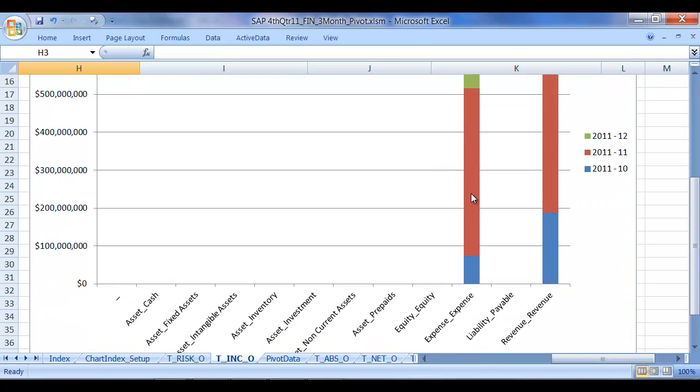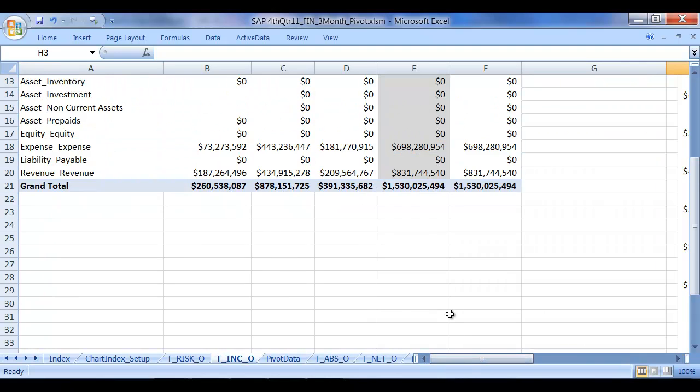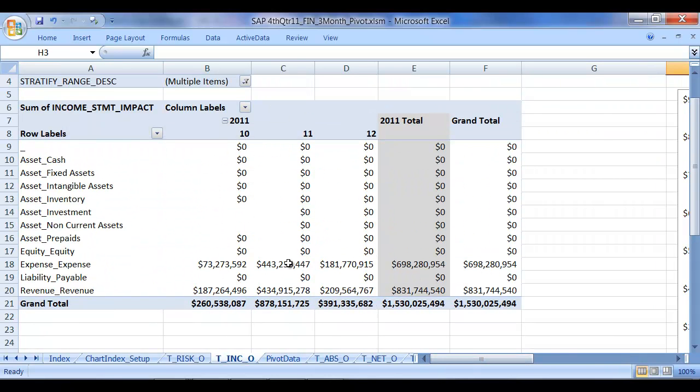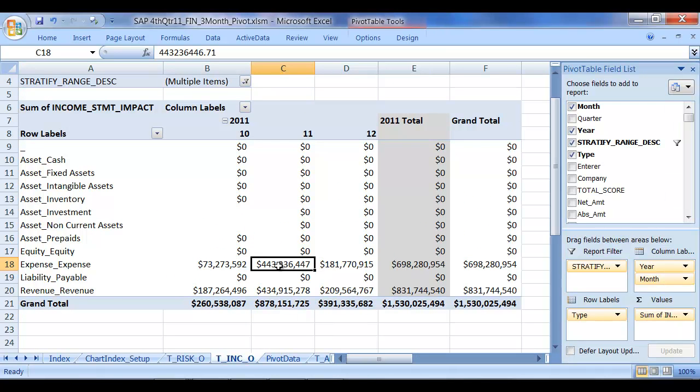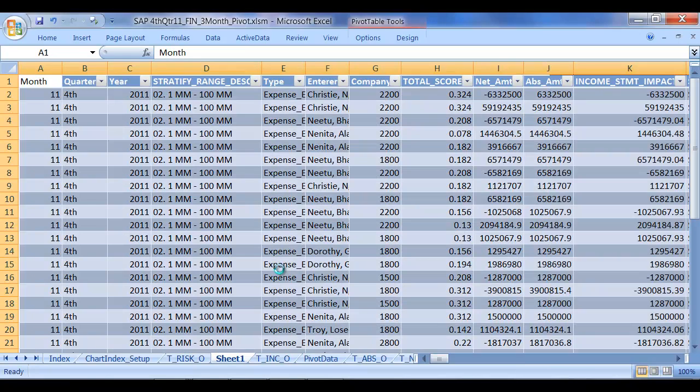You can see that that was the expense within 2011 November, and then I can go to 2011 November and double click on that expense, and that will actually go into the pivot table data and bring back to us an extraction of just that segment.